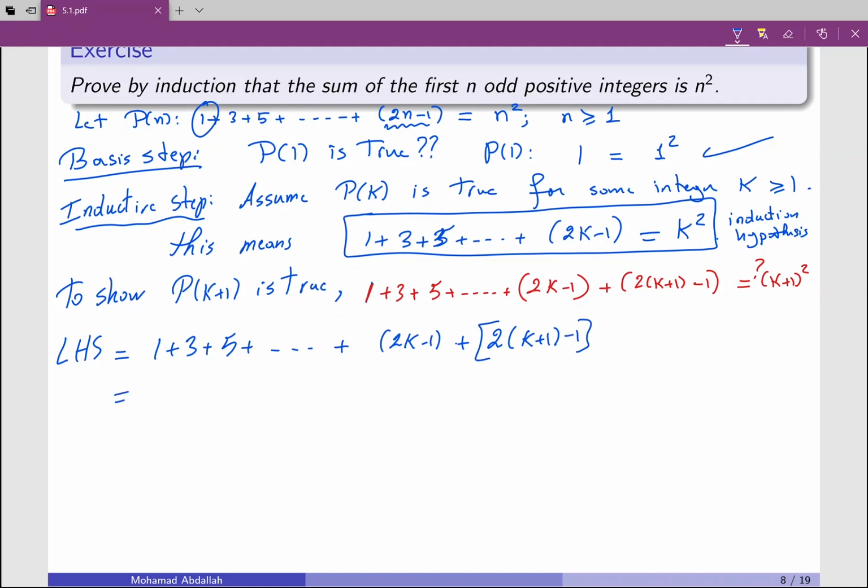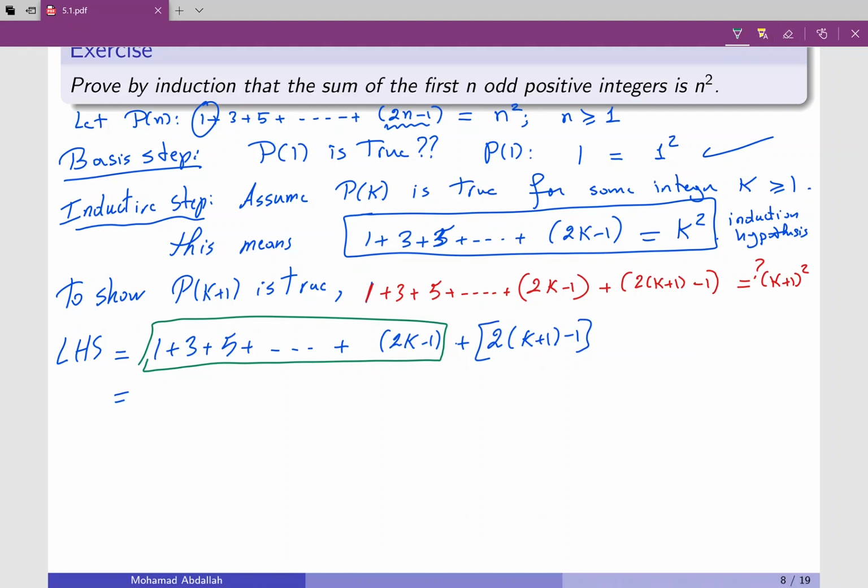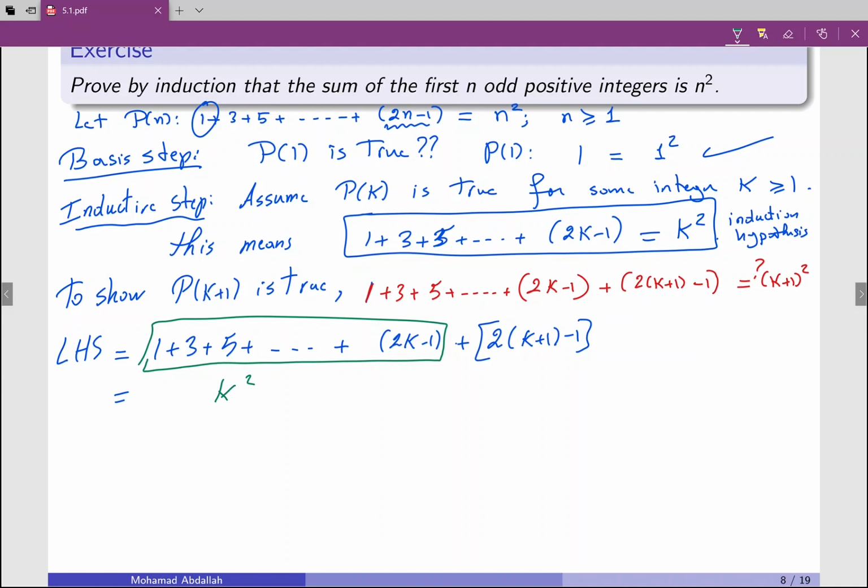Now, in the process, you have to make use of the induction hypothesis, this equation that's written in this box. Notice something here, that this sum from here to here is exactly the one in the induction hypothesis. So this can be replaced by k squared, by the induction hypothesis.